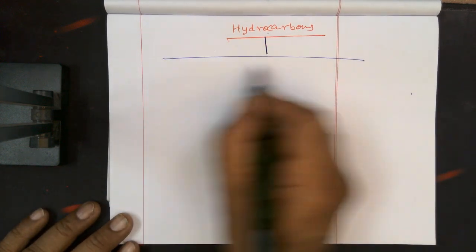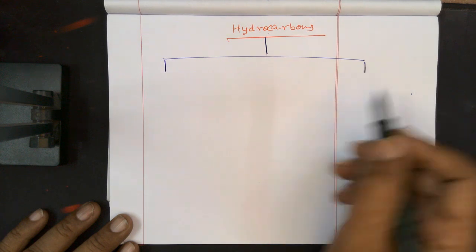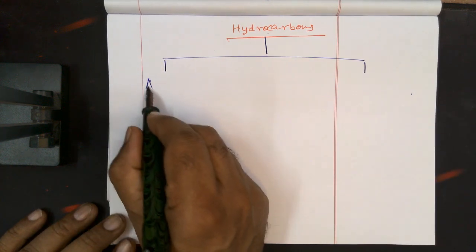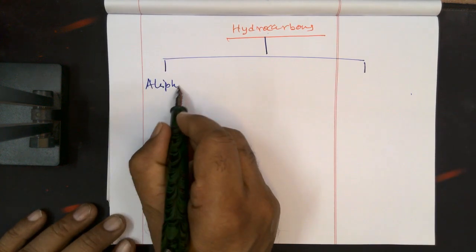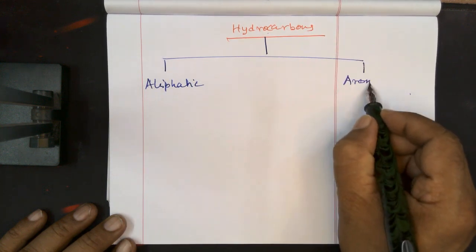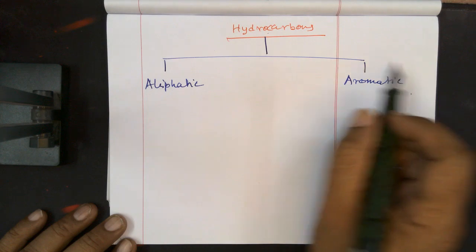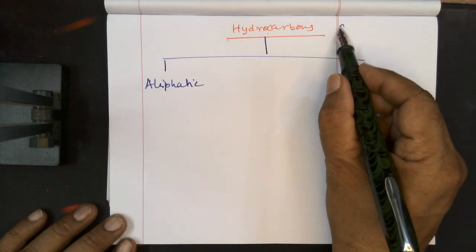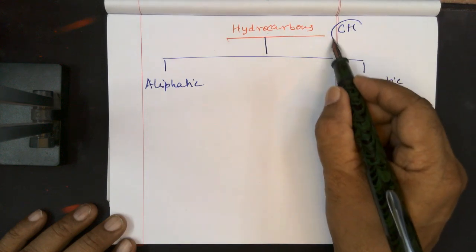This can be classified into two: aliphatic hydrocarbon and aromatic hydrocarbon. Hydrocarbon means carbon and hydrogen are present.